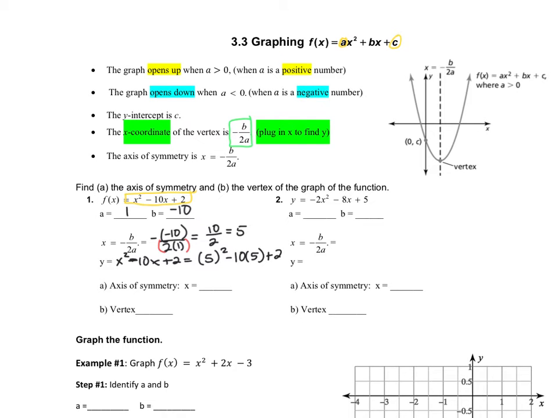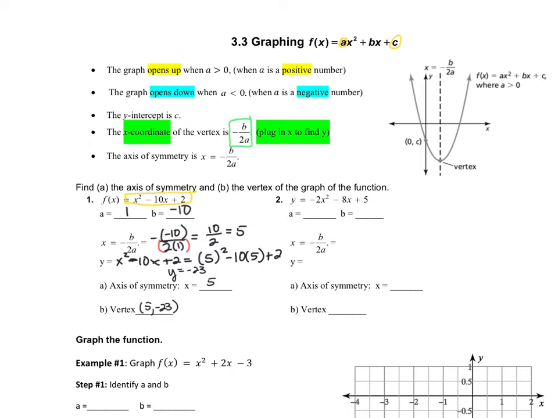We can put that into our calculators, and we get negative 23. So y is equal to negative 23. The axis of symmetry is x equals 5, and your vertex is 5, negative 23.